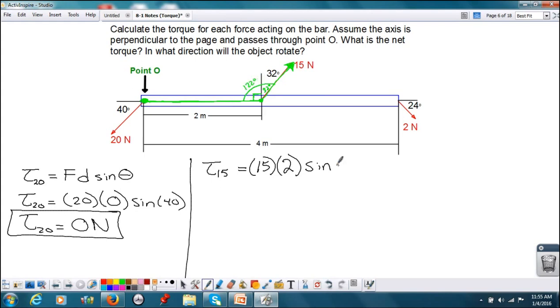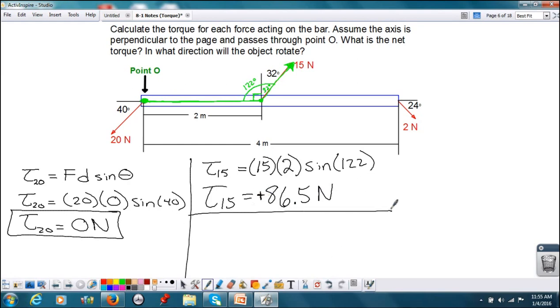So I can put that in, times the sine of 122. Type this into our calculator, and we are going to find that the torque is equal to 86.5 newtons. Now, which way is this going to rotate? Well, I'm pushing in this direction. It's going to rotate in the counterclockwise direction, so this is a positive torque.